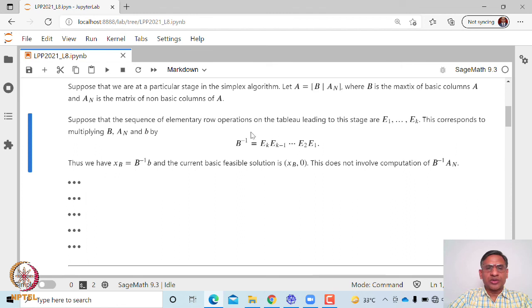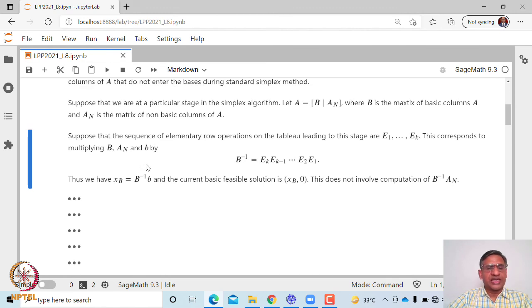Okay, now once we know B inverse, then we know that XB we can write as B inverse times small b, that solves the system of linear equations A XB is equal to b, right? And this will have m components. If we append n minus m zero coordinates, this is what is called the basic feasible solution, right?